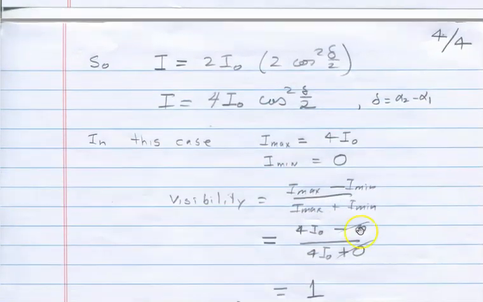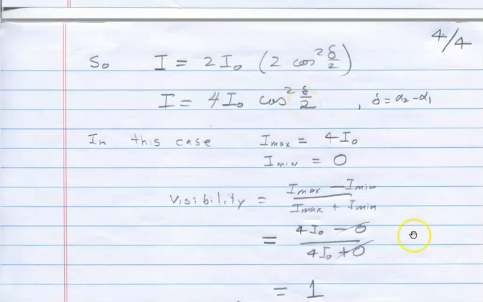Well, if you also look at these, the largest value cosine squared can be is 1, and the smallest value it can be is 0. I could have the argument such that it's pi over 2 or a multiple inside here.